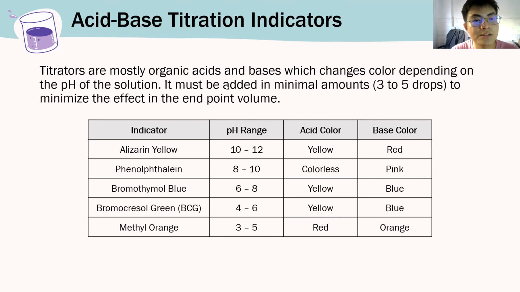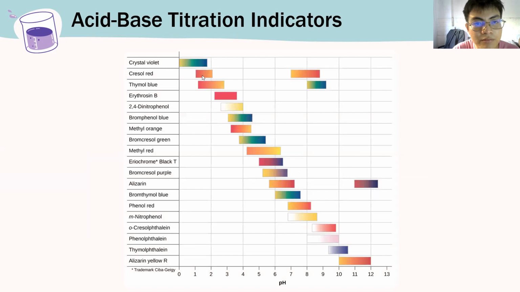Okay? So in this table here, ito yung mga indicators, and then these are the pH ranges, and ito yung kanilang colors. So we have a good graph here showing the range of the pH and the color change. Okay.